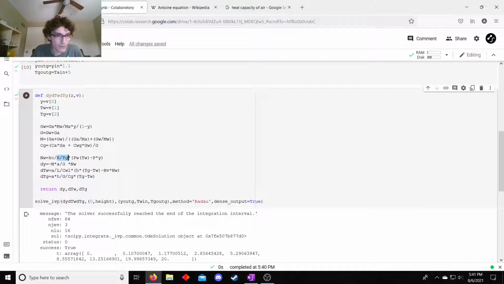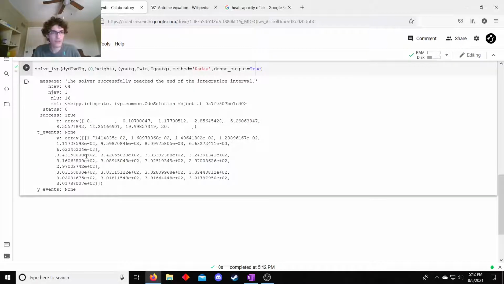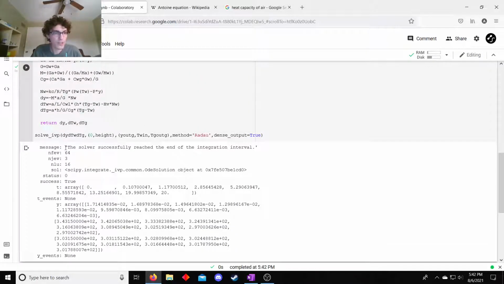But this RT would be for the gas, not the liquid water, especially since we have the gas constant here. Okay, so this is better.